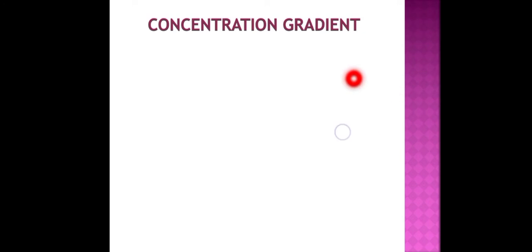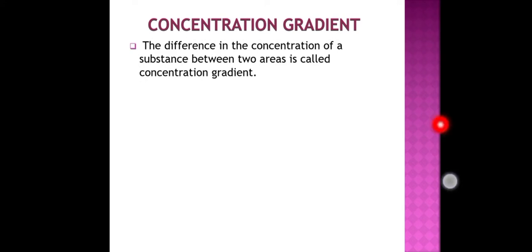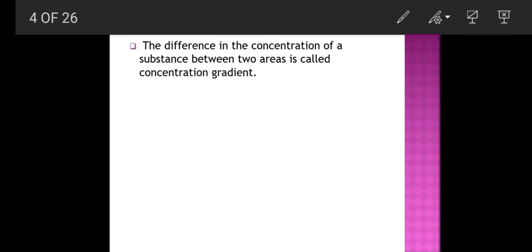So here is a term that is known as concentration gradient. What is concentration gradient? Concentration gradient is the difference in the concentration of a substance between two areas.